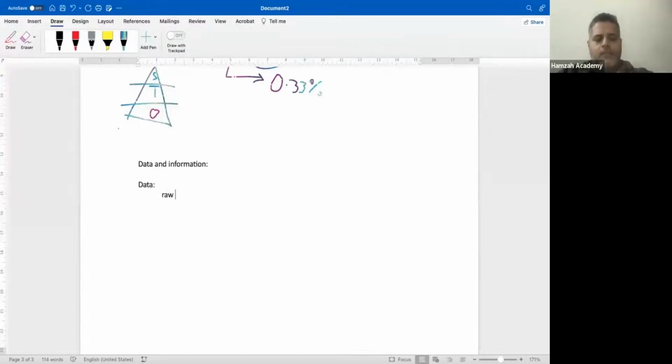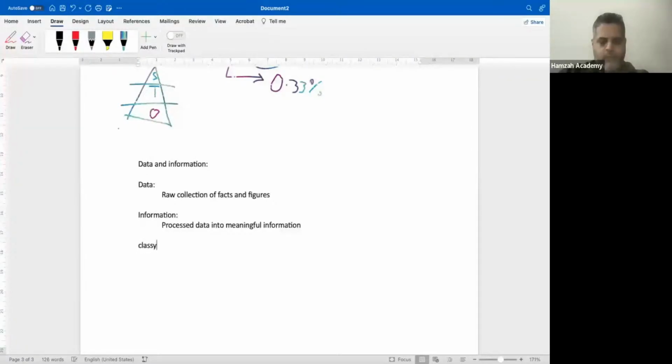Data is the raw collection of facts and figures, right? And information is processed data into meaningful information. Information is processed data into meaningful information, that is called information.